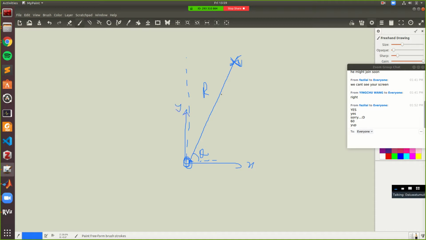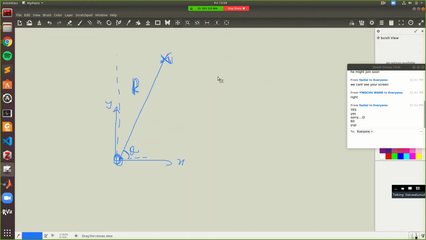Now if your laser data is only giving this r and this theta, right? You need to convert it into Cartesian coordinates. You need to know where this point is in x and y, for example, if you want to plot it, right? So obviously, let's say this point is x dash and this point is y dash.